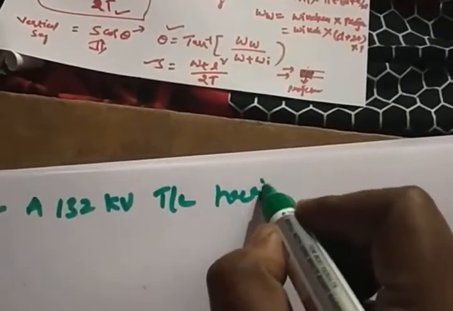First I'll write the problem. What is the problem? Example 1. A 132 kV transmission line having the following details.